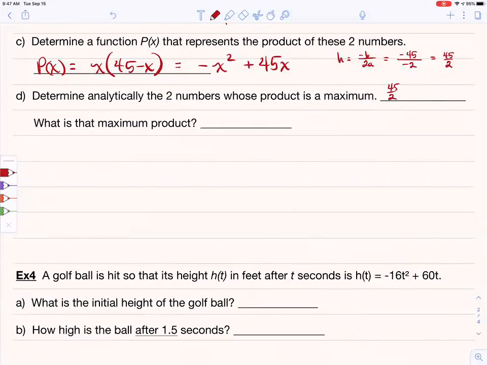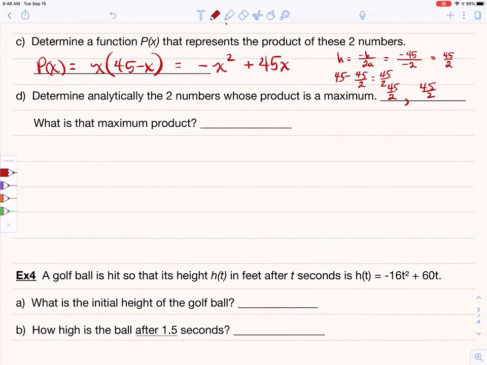If the first number was X and the second number was 45 minus X, then yes, 45 minus 45 halves is going to give me my second number, which is 45 halves. So in this case, my two numbers that cause a maximum product are exactly the same. Is that always going to happen? No, not necessarily.